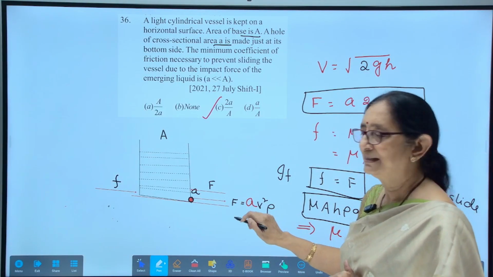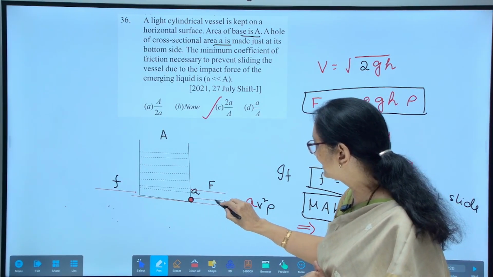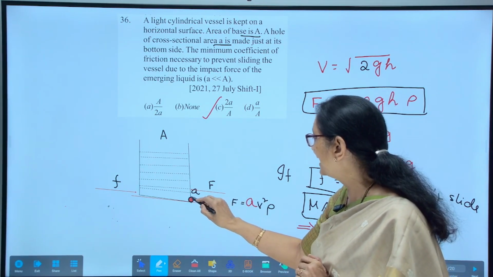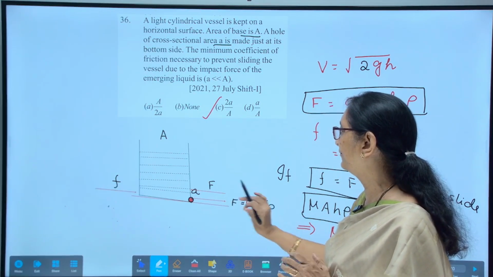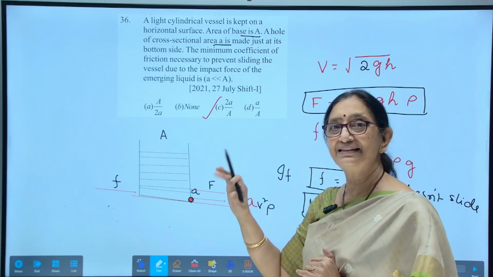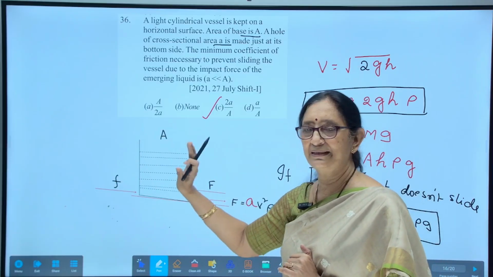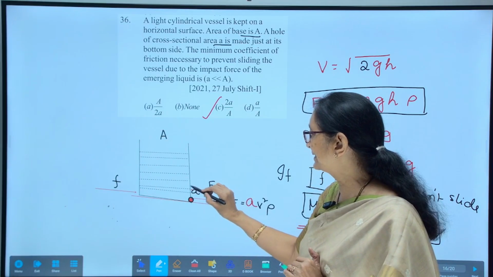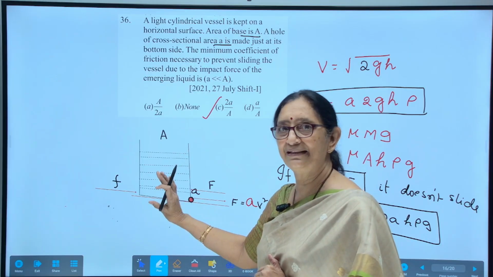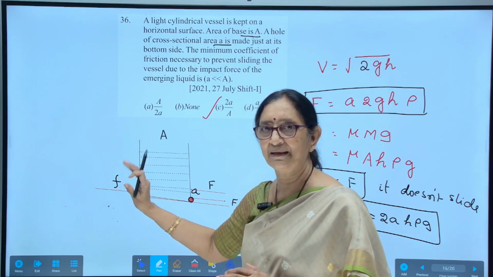As a result, from the rocket principle or the law of conservation of momentum, as the water jet is ejected with this force, by Newton's third law, it exerts a reaction on the vessel. So, it exerts the same force in the opposite direction. As a result, there will be a tendency for the vessel to slide back.